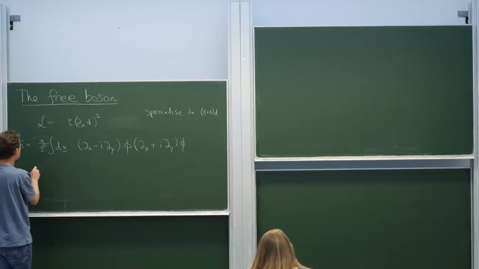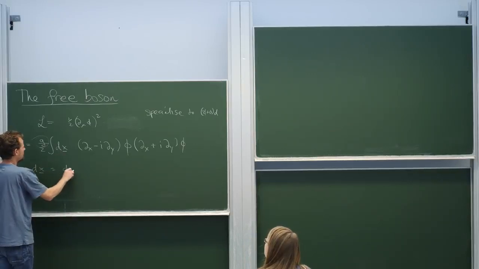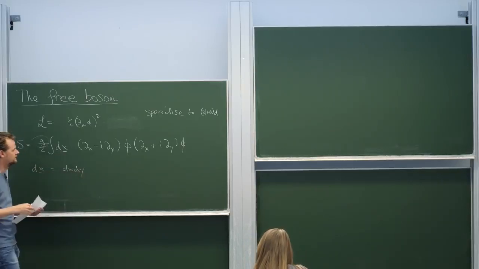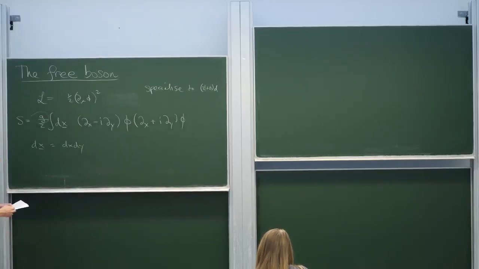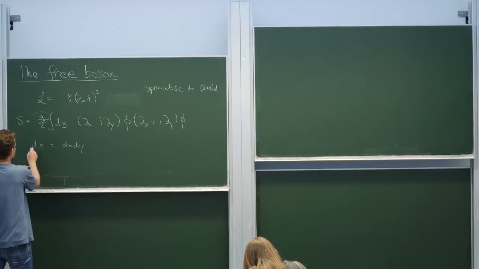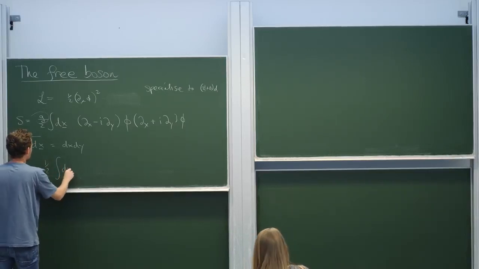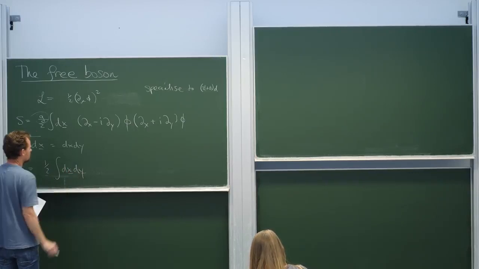Now, dx underline here just means dx dy. So far, nothing too controversial. Now, we're going to write the action in a slightly more suggestive way for path integral quantization.